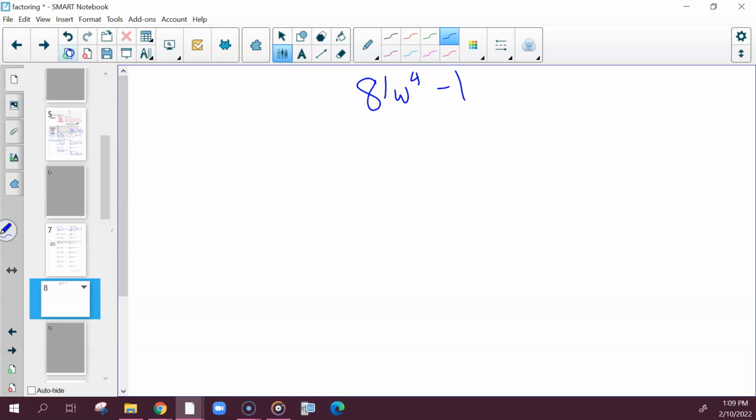What would our two factors from this be? 9w squared plus 1 and 9w squared minus 1.